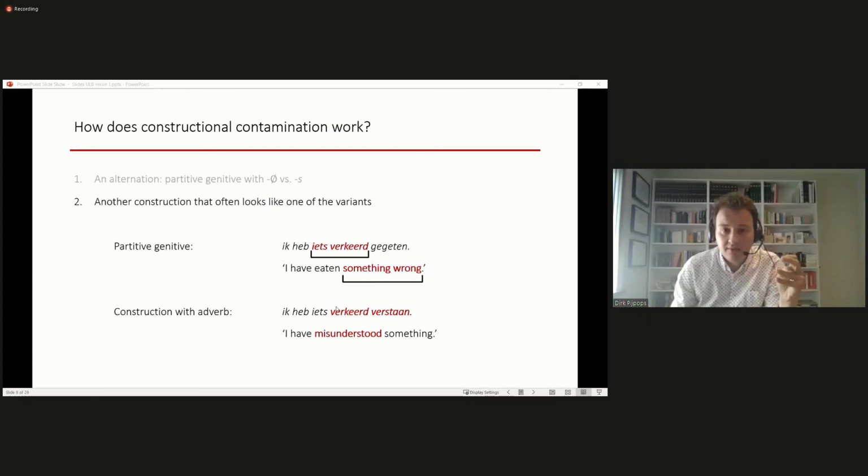So basically, it seems the closer you are, both formally and semantically, the stronger the effect becomes.